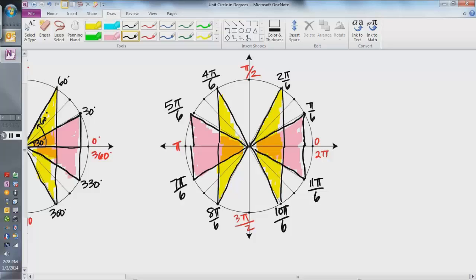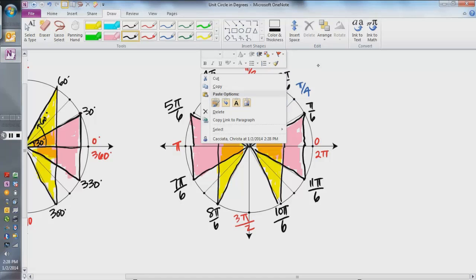And so when I'm doing the unit circle, pi over 4s have a 45 degree reference angle, pi over 6s have a 30 degree reference angle, and I can actually reduce, like this 2 pi over 6, that's actually the same as pi over 3, if I reduce that fraction.